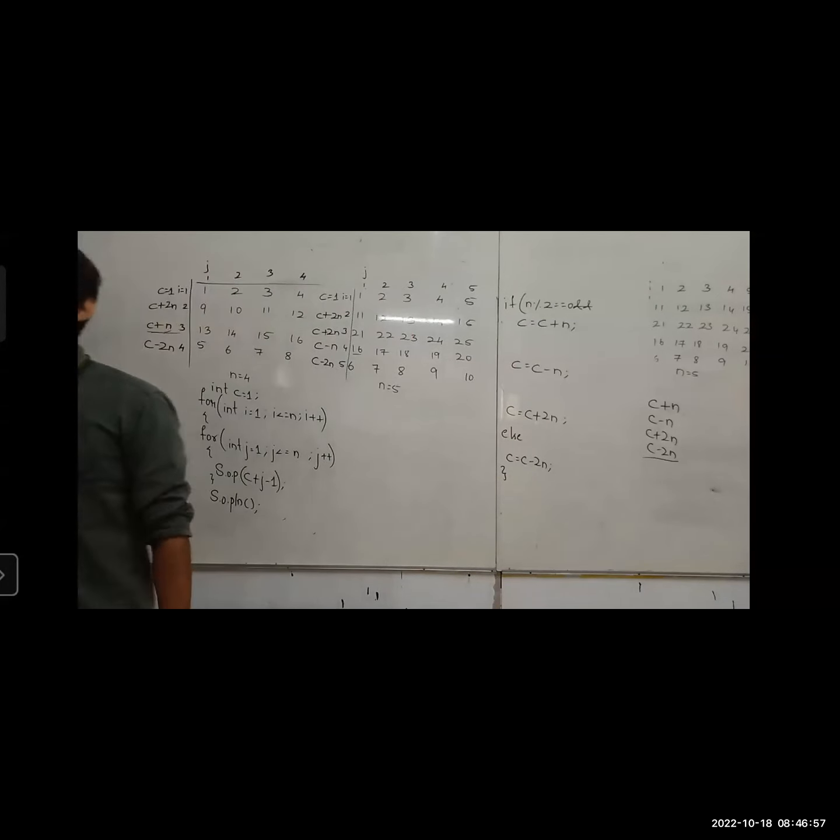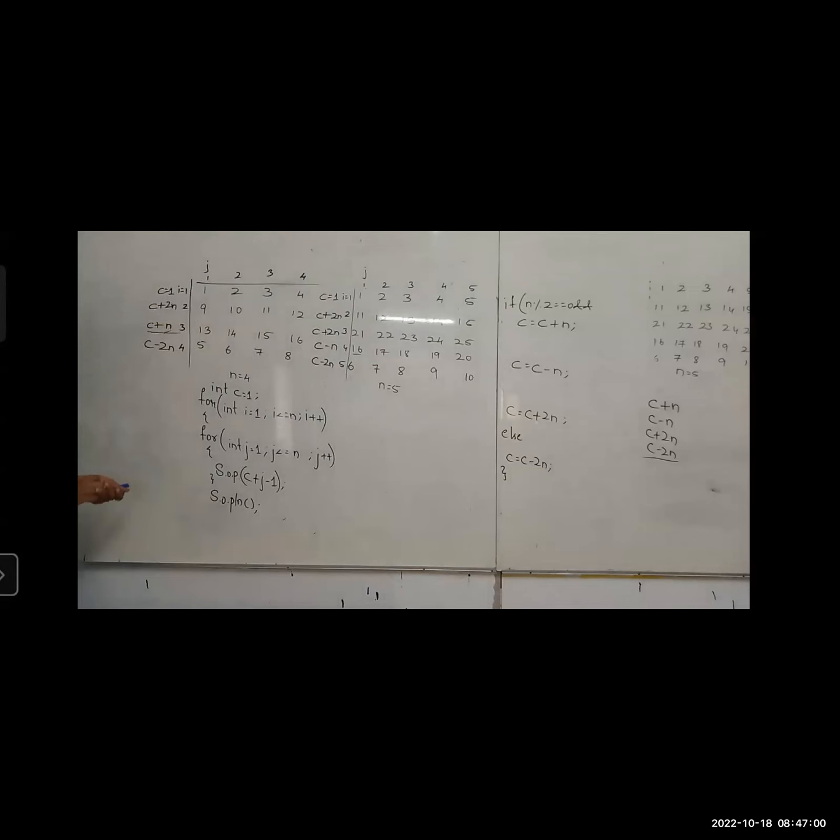That is the reason, while writing the condition, make sure that the one which should work, works the first time itself. At last, if nothing is working, then C minus 2n should work. In a similar way, C plus n only in specific places. When you say specific places, which places?